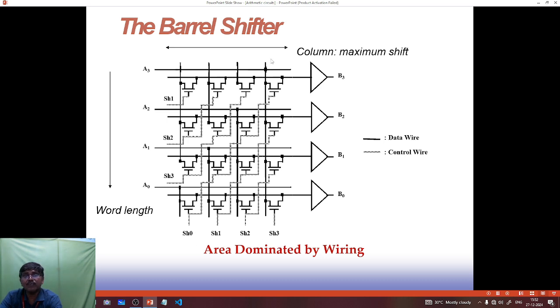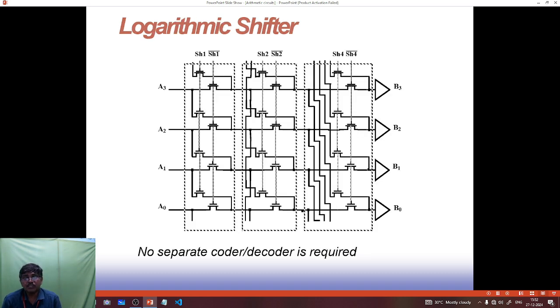So finally we will be shifting. And in logarithmic shifting, no separate encoder or decoder is required. Based on the input as well as the selection input, the shifting process input, we have to shift to get the final result.